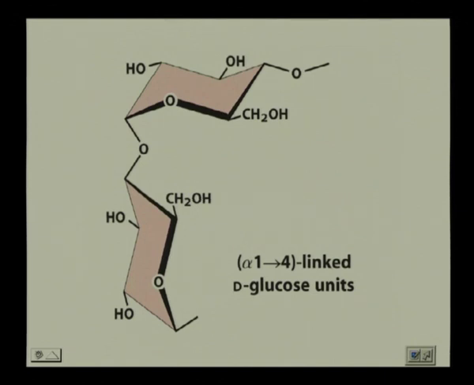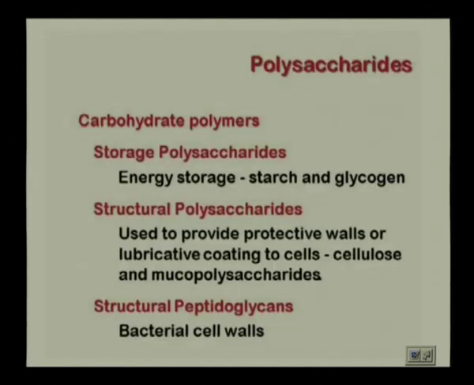Now, when we have the chair conformations and we know that we have equatorial and axial bonds, then obviously we are going to have the linkages that are going to result in different structural aspects to the whole disaccharides and polysaccharides. Okay? That is why each of them is going to behave in a different structural fashion. So, depending on the linkage, it could be starch, it could be glycogen, it could be amylose, it could be amylopectin, whatever. Okay? And that is what we are going to look at.